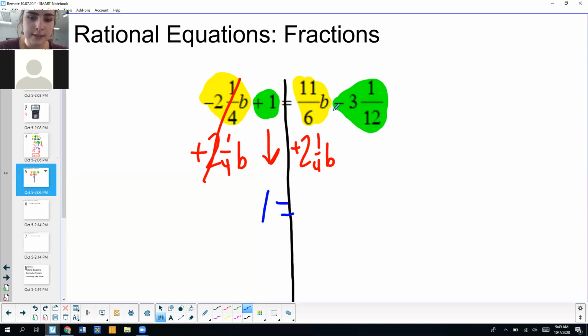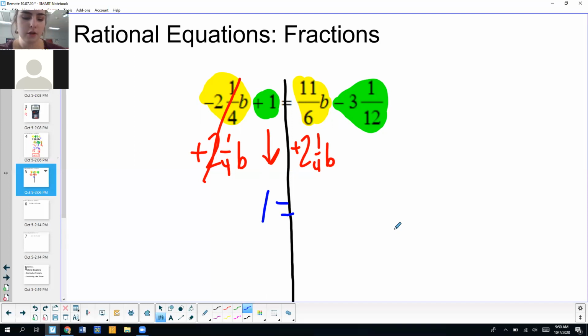Right now I'm adding 11/6 to 2 and 1/4 in my calculator. So 11 ABC 6 plus 2 ABC 1 ABC 4.